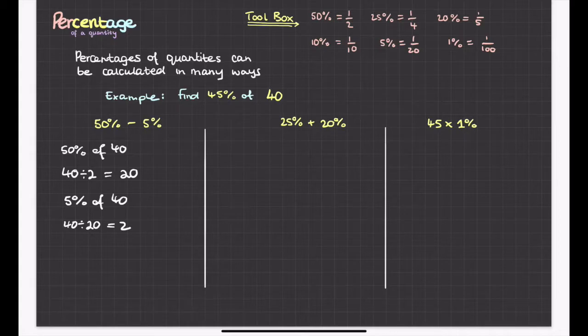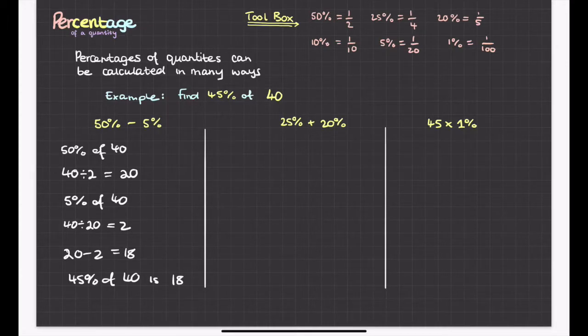Okay, so I wanted to do 50% take away 5% to get my 45%. So my 50% take away my 5%, that's going to be 20 take away 2, so that's going to leave me with 18. So 45% of 40 is 18.